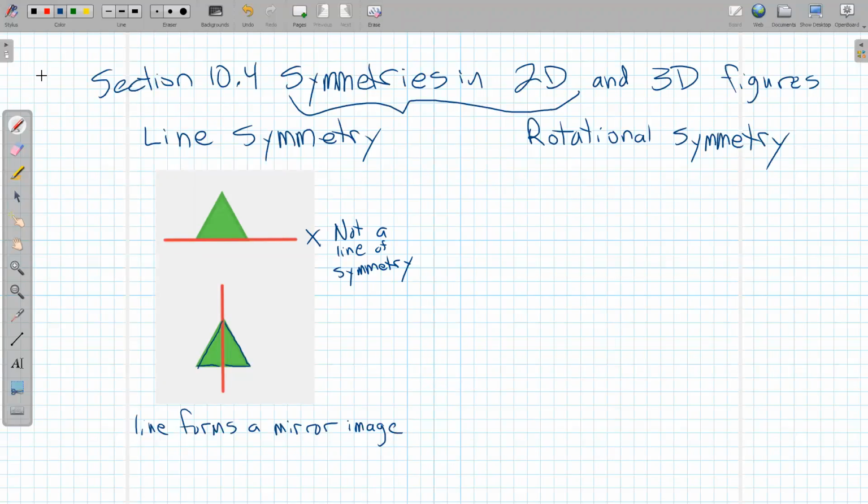Another test to see if something's a line of symmetry is related to symmetric points. So I'm going to pick this point right here and this point right here, which feels like the mirror image on the other side.